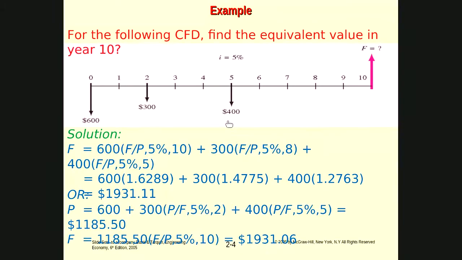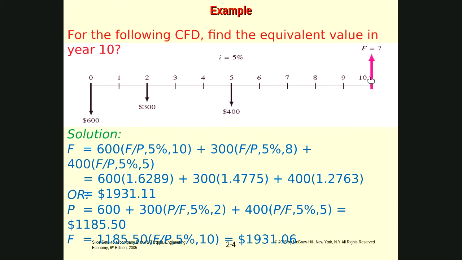The unit here is time. Since they are placed at different times, 5, 2, and 0, we cannot add them like that. We have to convert them to a unified time, which, as the question says, is year 10. Then you can add them because they have the same unit of time.